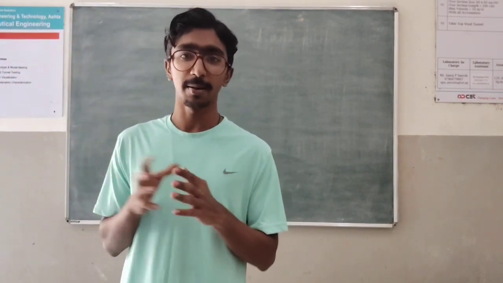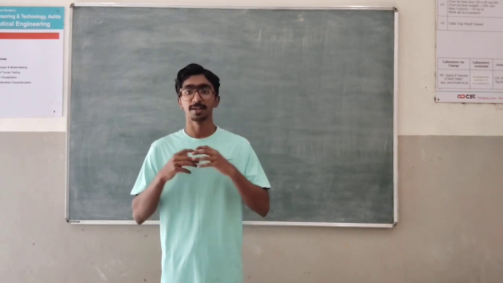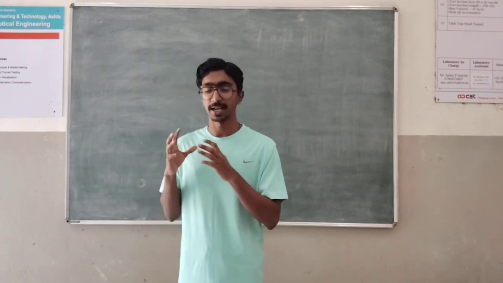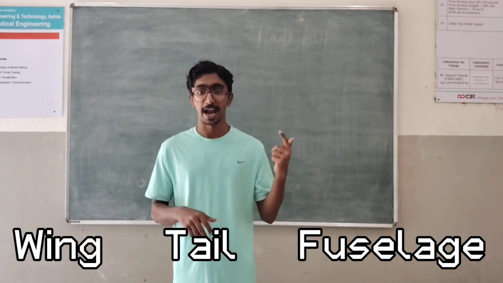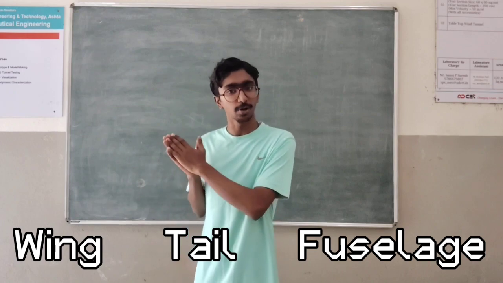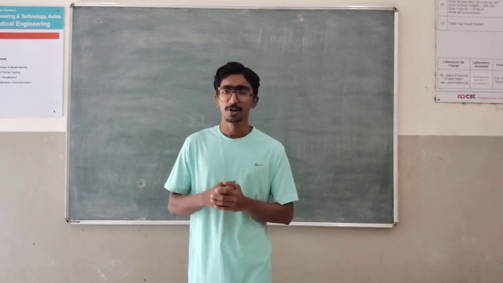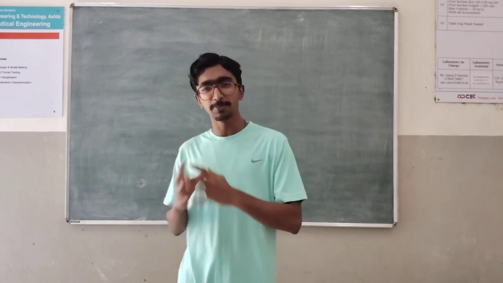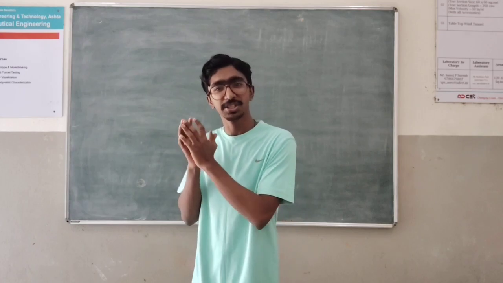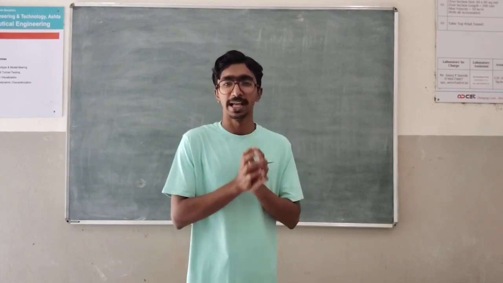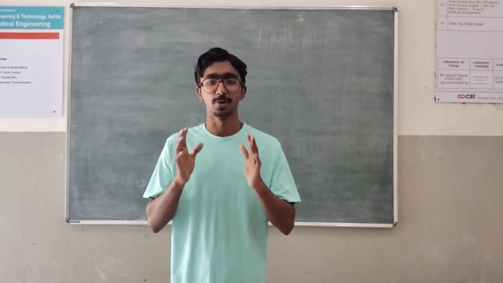This longitudinal stability is influenced by three parts of our aircraft: wing, tail and fuselage. Fuselage is basically not a control surface, it is part of the aircraft. I will not go into the depth of derivation because it would be a lengthy video, and each stability has long derivations.